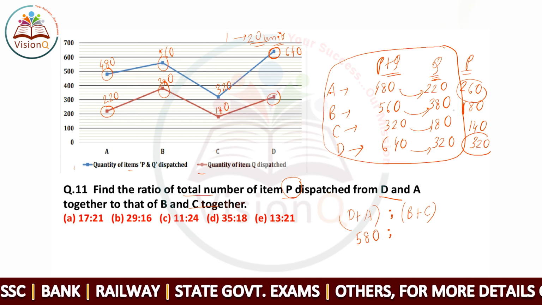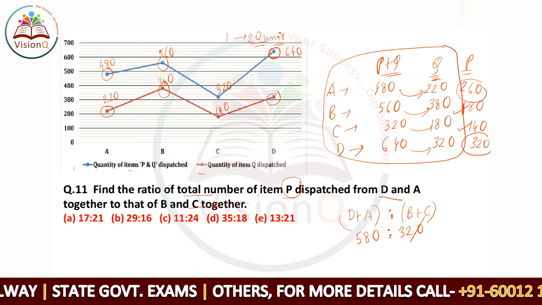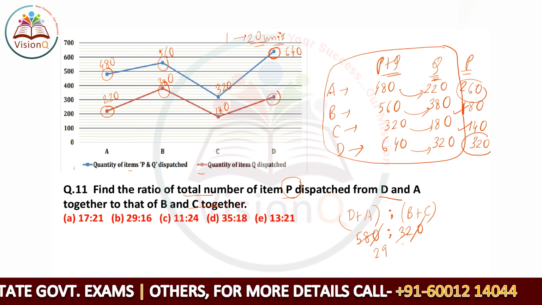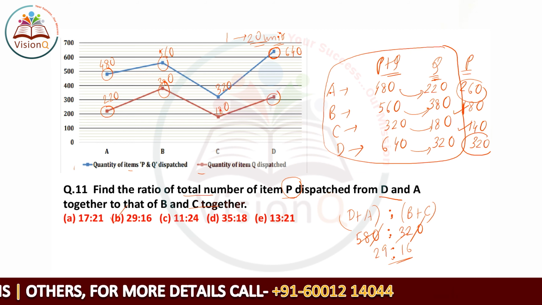So 180 plus 140 is 320. If I cancel out, the answer will be 29 is to 16. So the correct answer is option B, 29 is to 16.